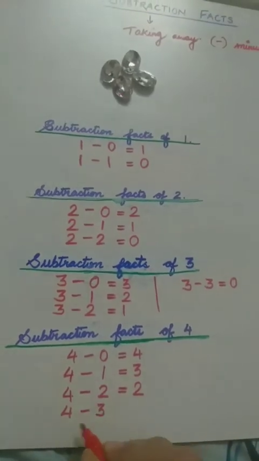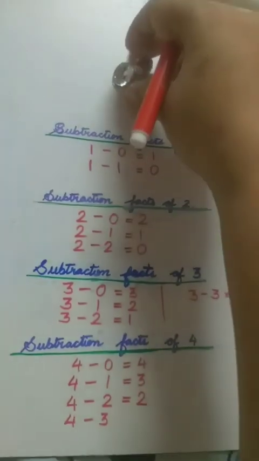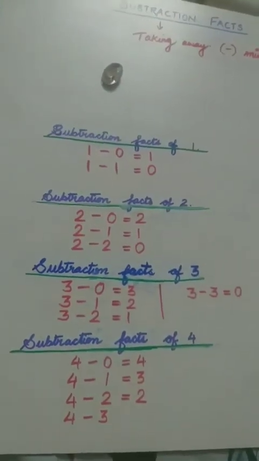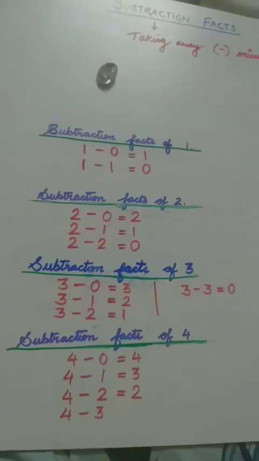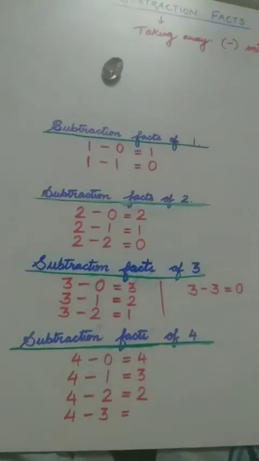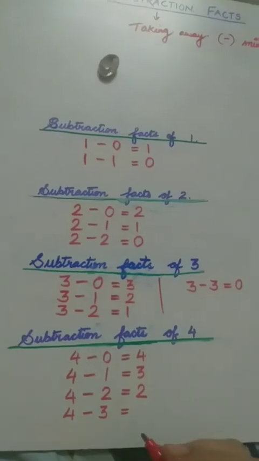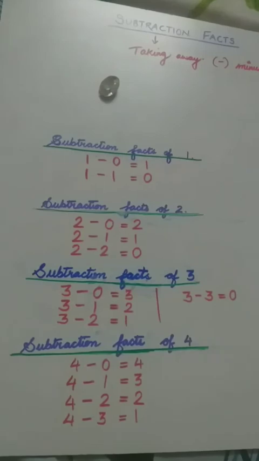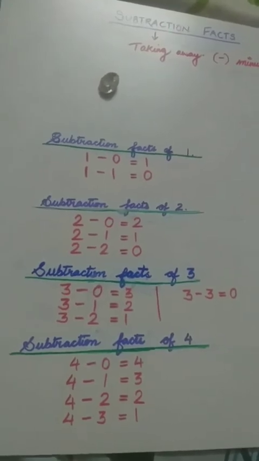So from 4 we will take away 3. So 4 minus 3 is equal to, how many are left over here? Yes, correct. It is 1. So 4 minus 3 is equal to 1.